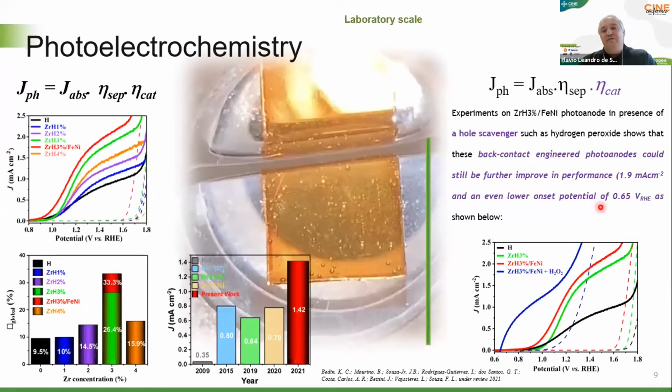And then just to confirm that the strategy works, you see here a photoelectrochemical test. When you check the photocurrent, we see that the optimization of zirconium achieves the highest performance with 3% addition. And then we see some increased performance by adding the co-catalyst as expected.